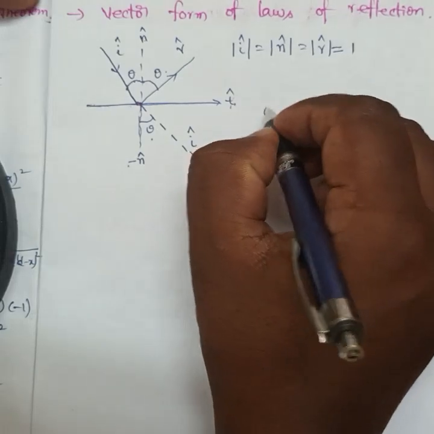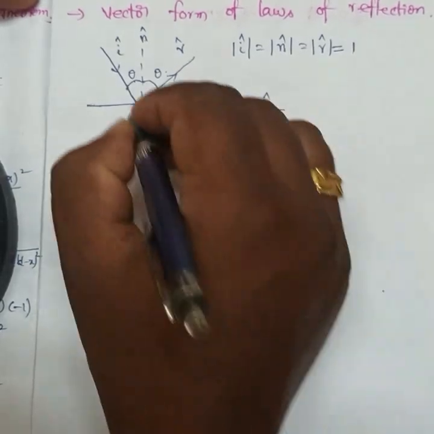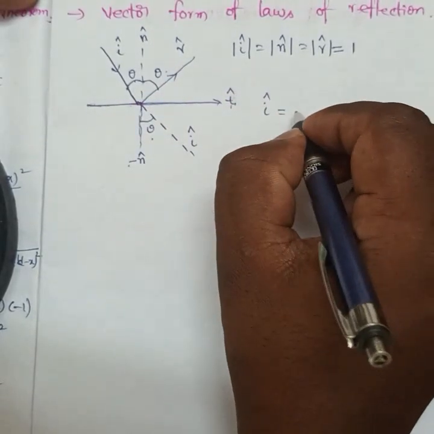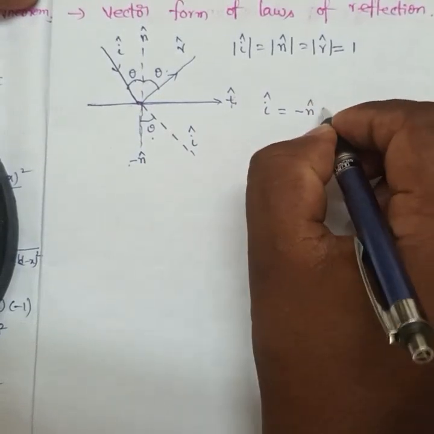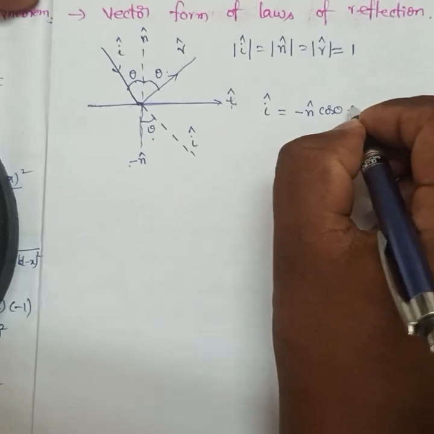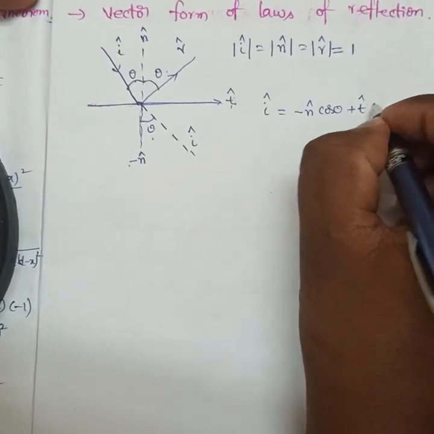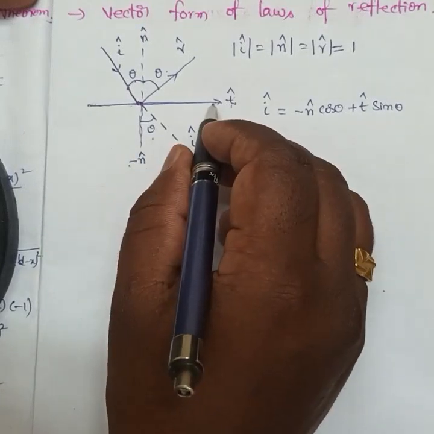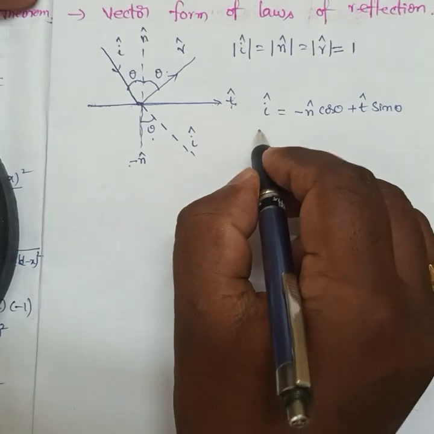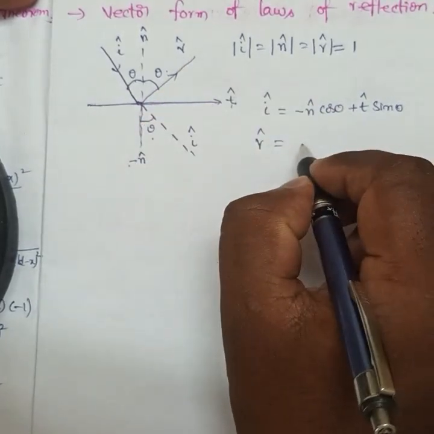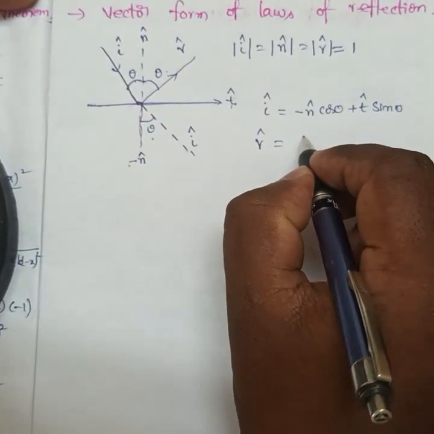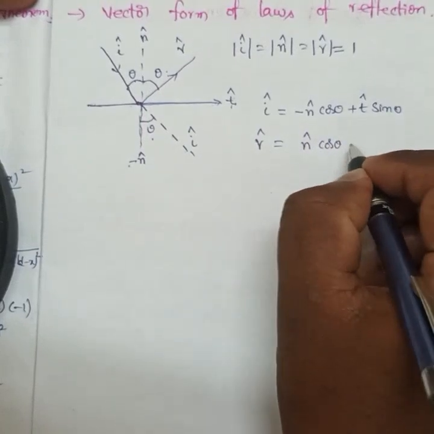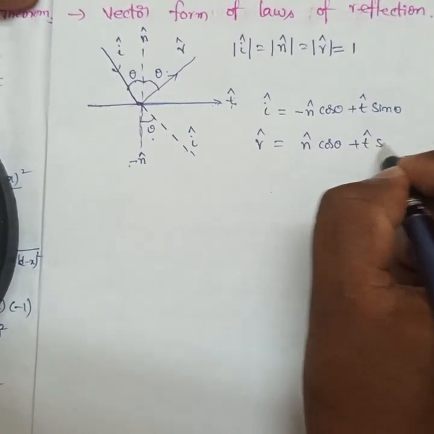Now take I cap. I cap is in this direction, therefore I cap equals minus n cap times cos theta plus t cap times sine theta. We resolve I cap into normal as well as tangent components. Similarly, r cap is n cap cos theta plus t cap sine theta.